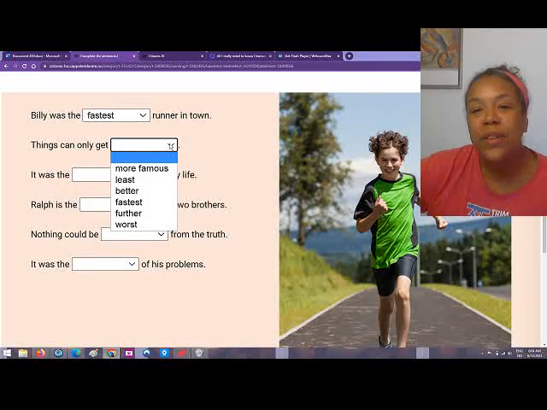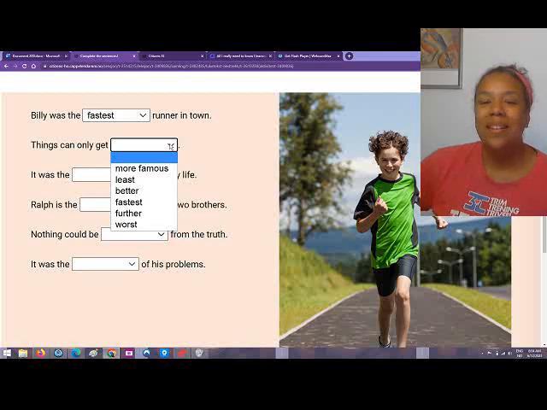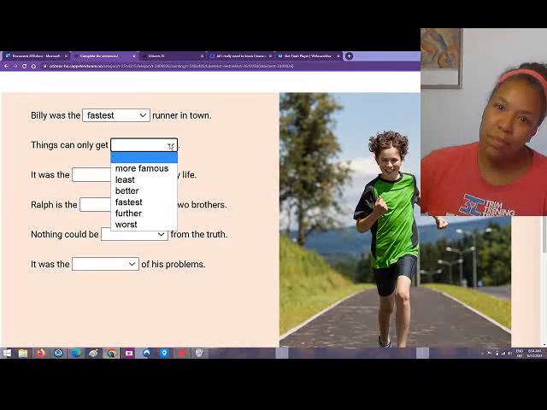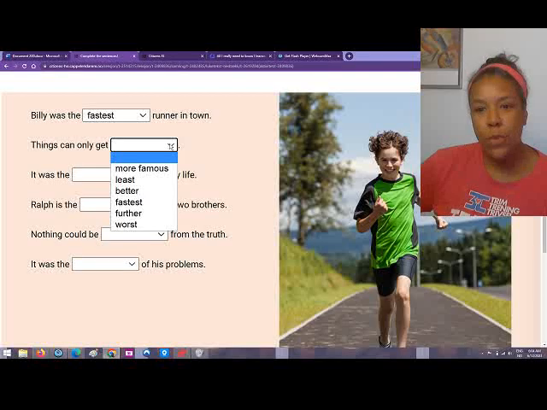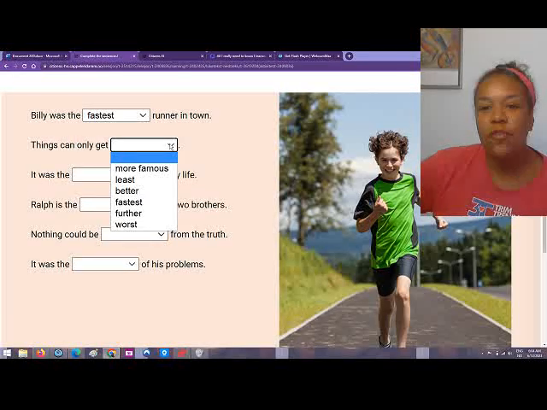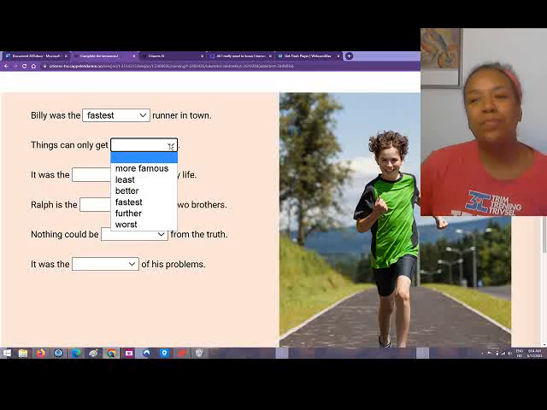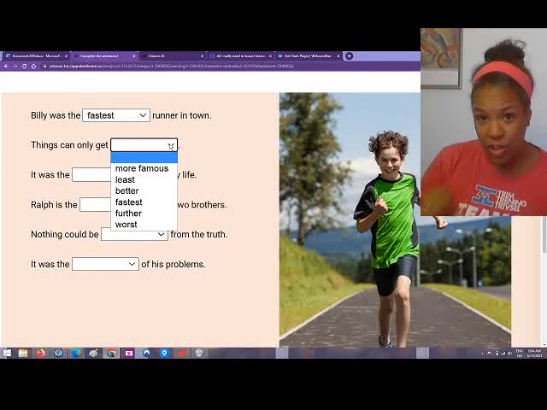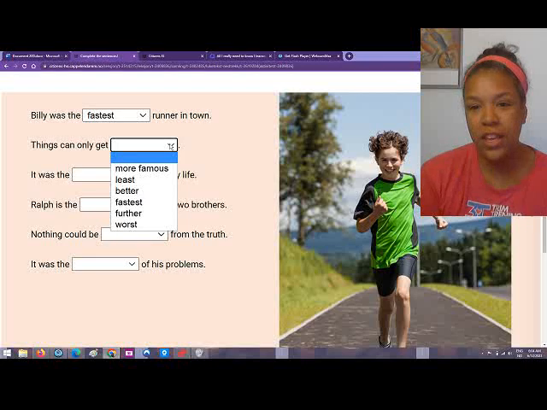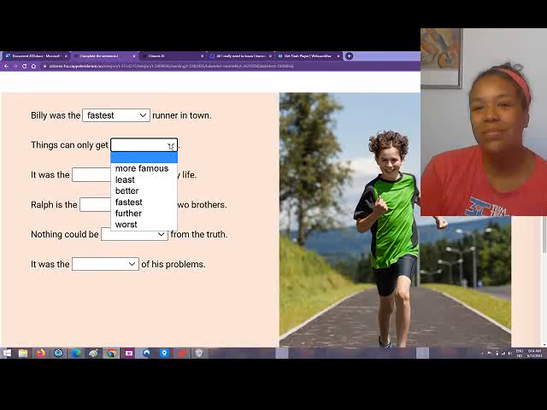Things can only get, so here you have some more adjectives. More famous, least, better, fastest, further, and worst. Please type in the chat box which one you think is correct.